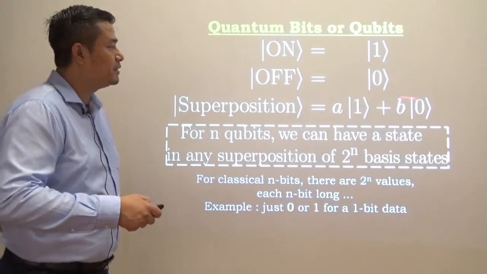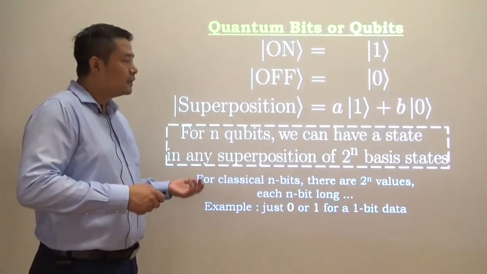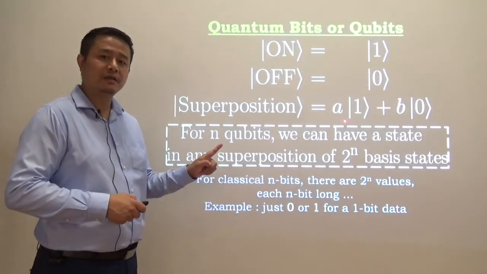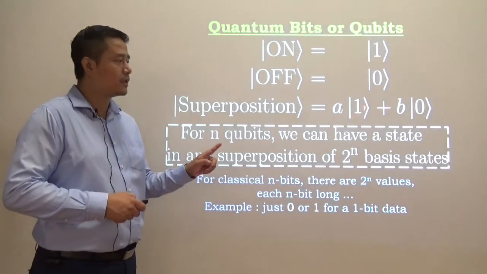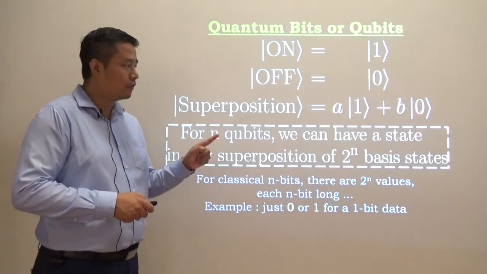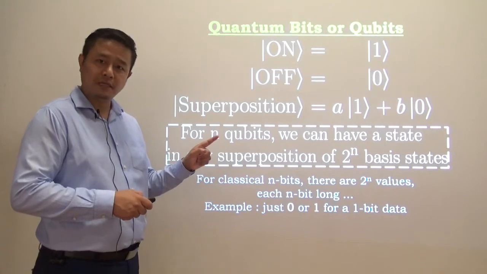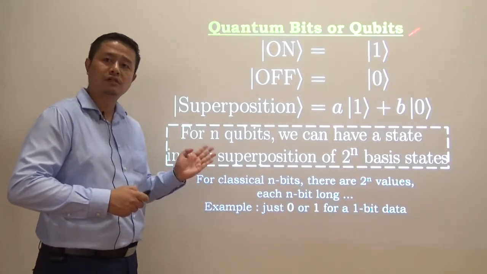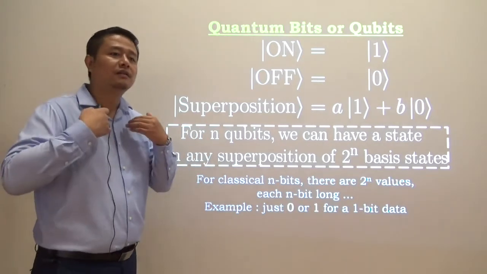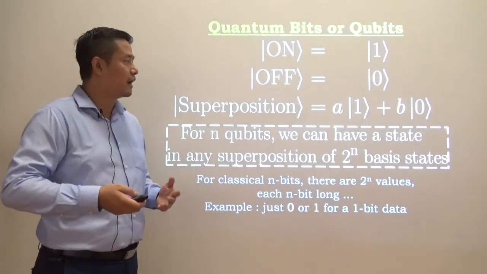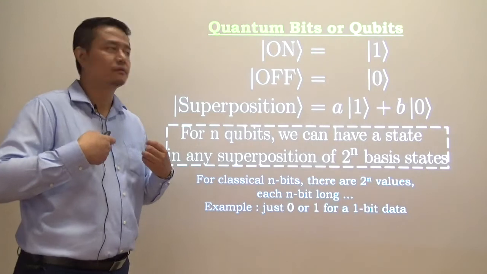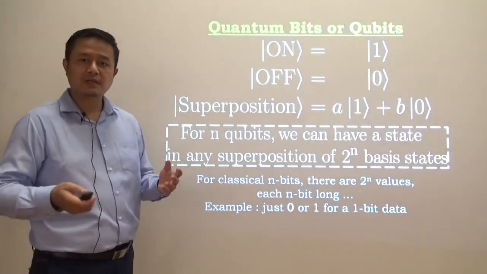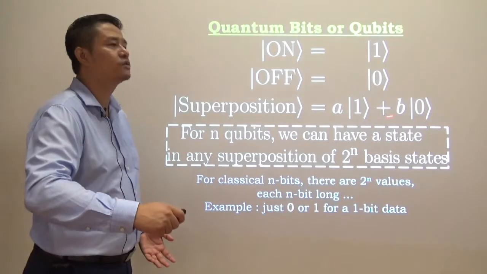So A and B, in terms of probability: the on state can exist with a probability A, and the off state can exist with a probability B. But eventually when it operates, it will operate as the on state or off state. But the physical state can exist in this superposition.